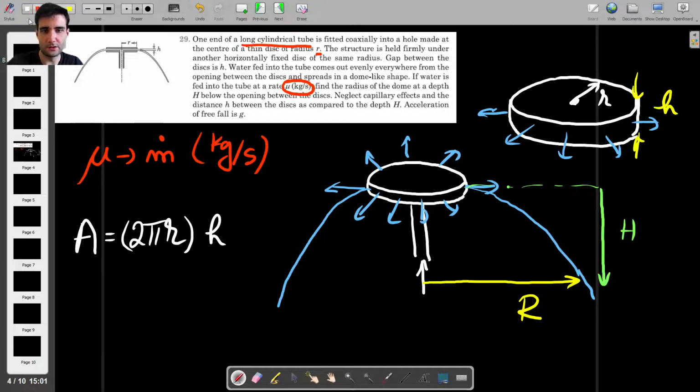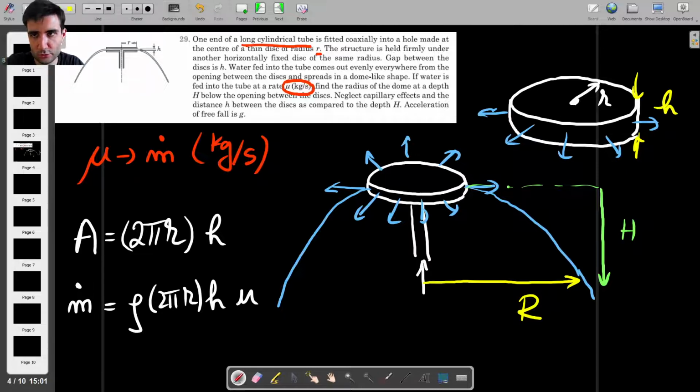Okay, so the first thing I would try to do is find the velocity of the emerging water jet. Okay, so we know that the mass flow rate is conserved, so the mass flow rate is equal to density multiplied by 2 pi r times h times u, where u, by the way, is this velocity here at the top.